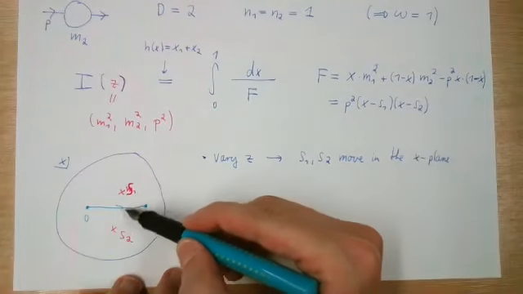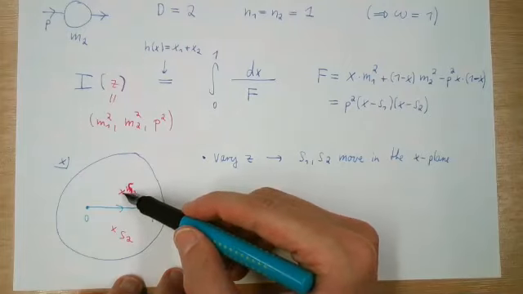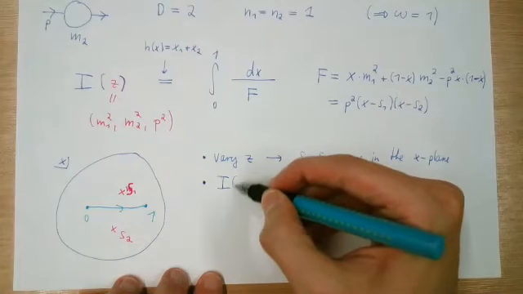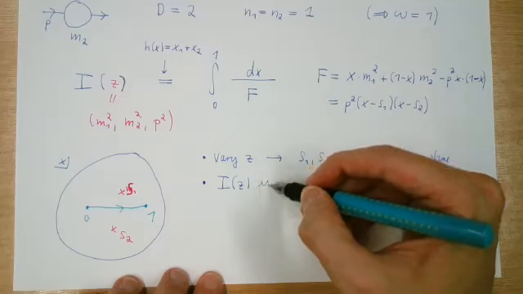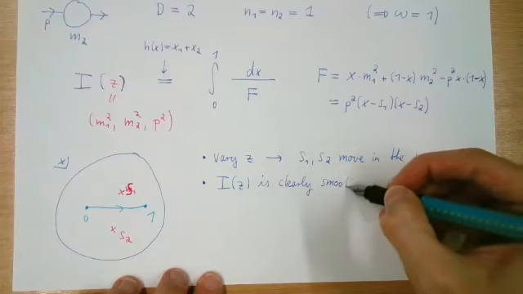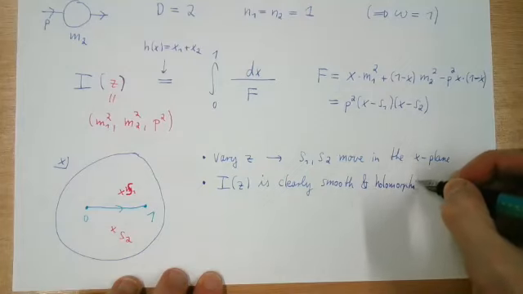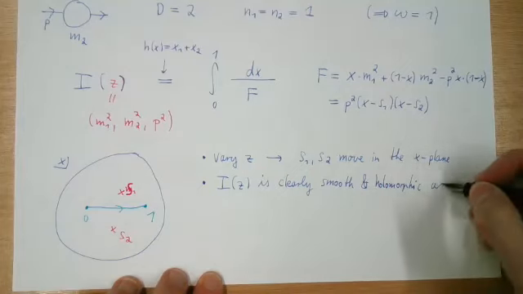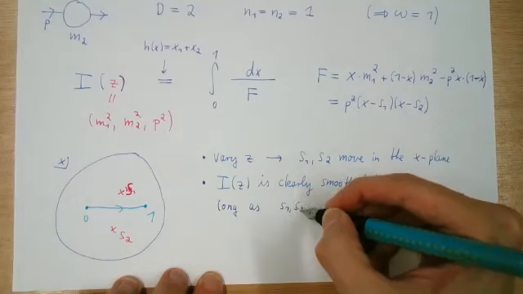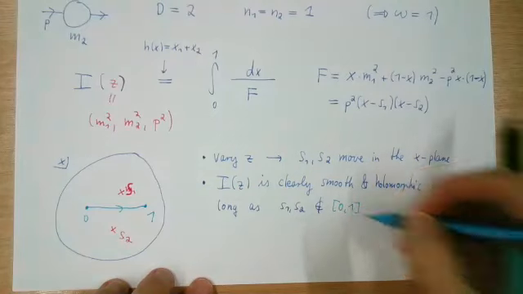But as long as they stay away from the blue line, of course, nothing dangerous happens. The integral is bounded if it's far from the blue line. So you know immediately that this integral Iz is smooth, and actually it's also holomorphic, as long as these 2 points, these singularities, don't hit this integration path from 0 to 1.